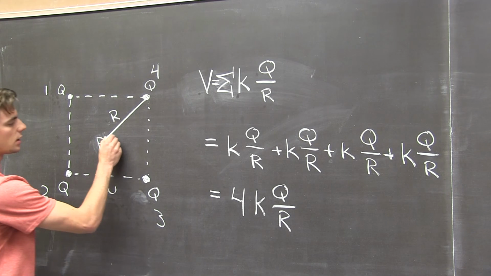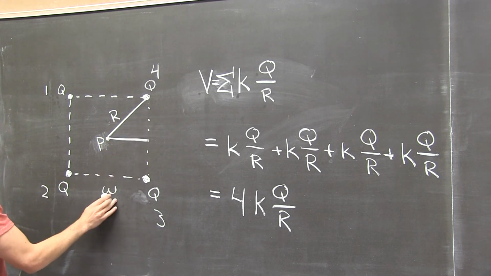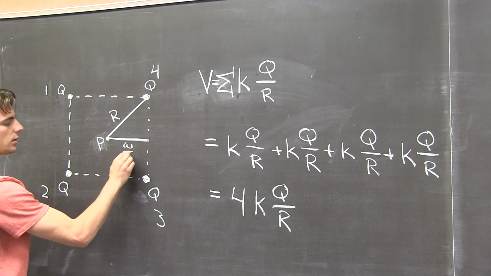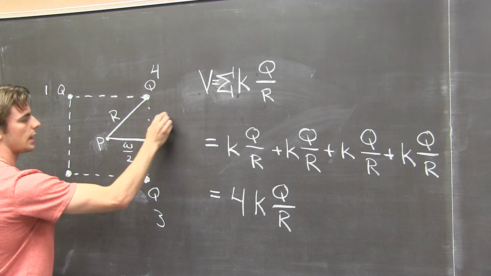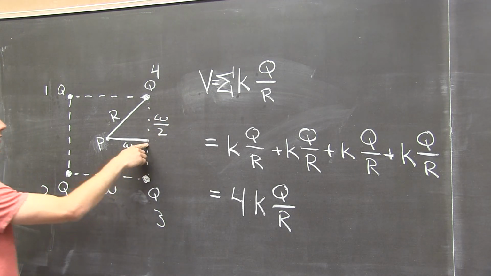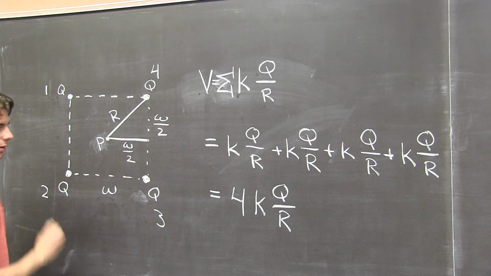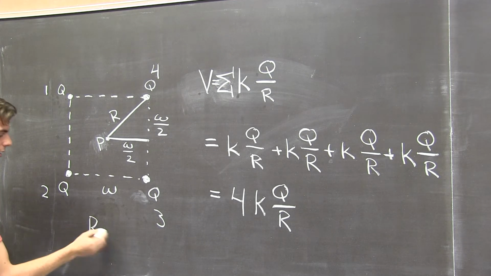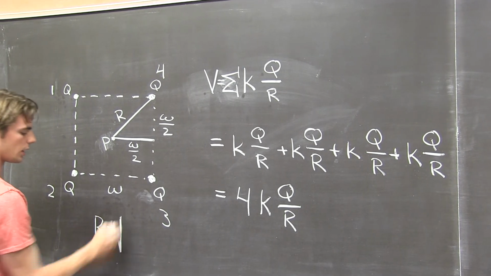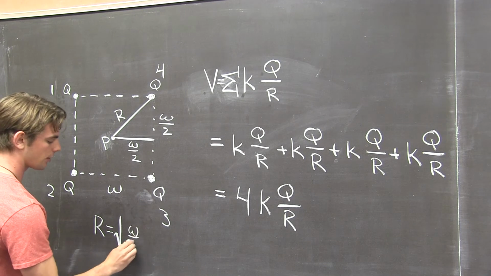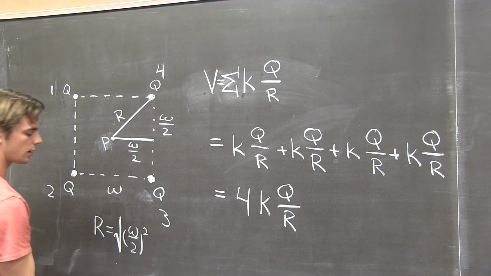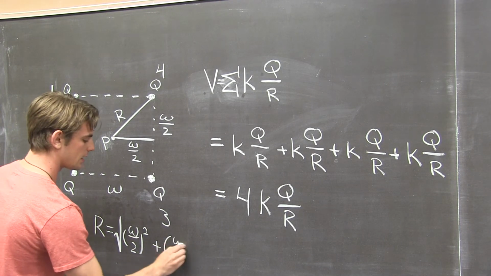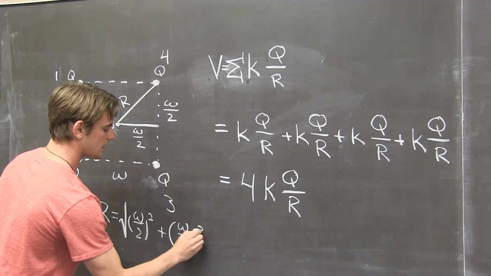And so I'll split this triangle up here, and we know these 2 side lengths are W over 2 and W over 2. So using Pythagorean theorem, we see that R is equal to the square root of the first side, W over 2 squared, plus the second side, W over 2 squared.